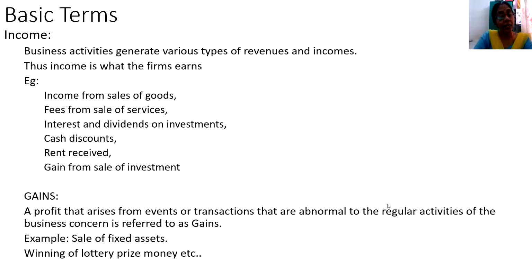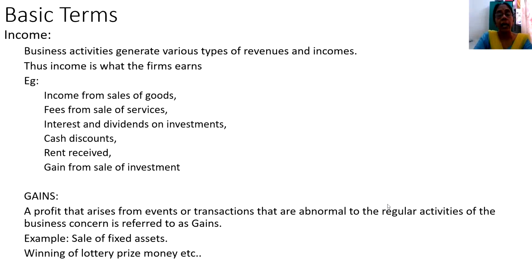Now, these incomes are understood to be recurring in nature, that is, continuity will be there, and they arise on account of the regular course of the business activity. When it comes to gains, some profits arise in a non-recurring manner.